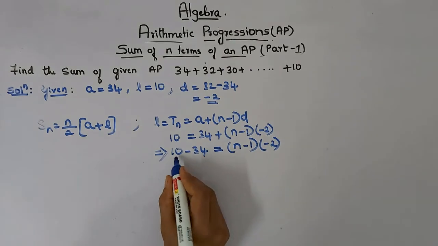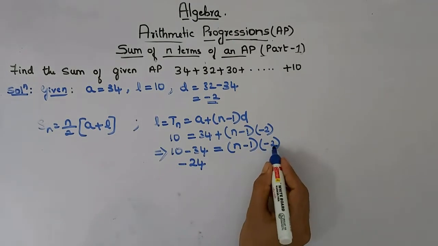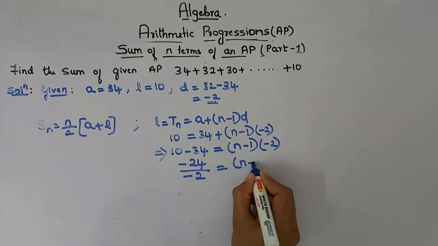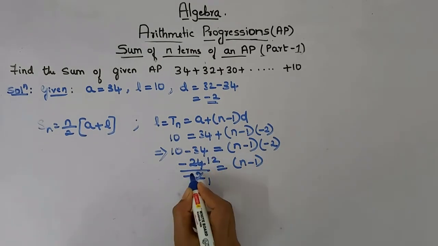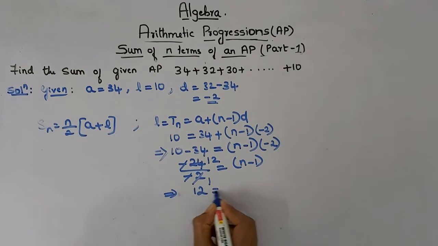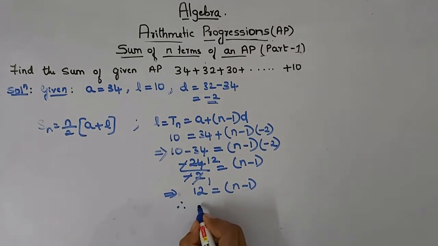So we have 10 minus 34 is minus 24. This minus 2 will come down, which is equal to n minus 1. So 2 2s are 4, and the minus will get cancelled, which implies 12 is equal to n minus 1. So therefore your n is 12 plus 1, that is 13.